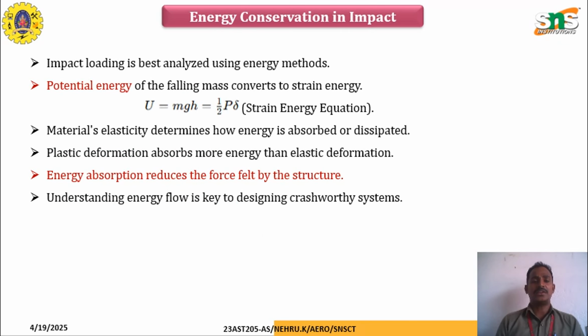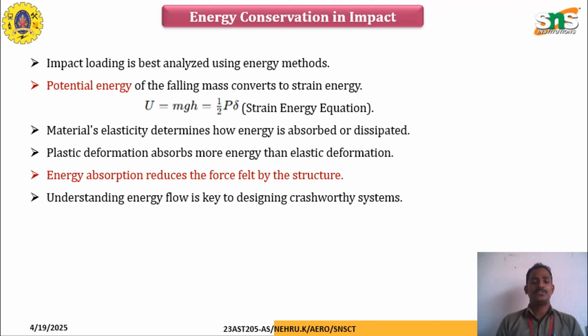Next, the energy conversion due to impact is analyzed using the energy method. The potential energy of the falling mass is converted to strain energy, U equal to mgh, that is half times load times the change in dimension, or the deflection. That is the strain energy equation. The material's elastic deformation determines how energy is absorbed or dissipated.